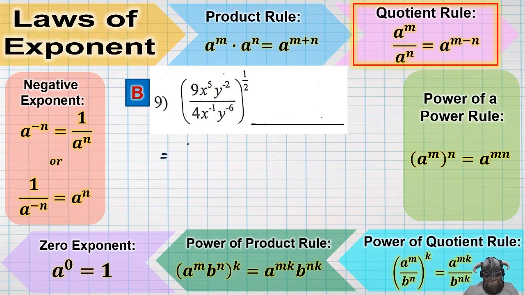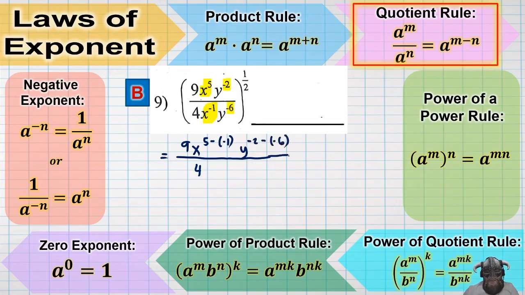So, first, we have 9 over 4. So, dito ko lagay yung 4. Kasi ang matitira na lang naman dyan sa ilalim ay 4. Because, gagawin natin dito, sa x raised to 5 and x raised to negative 1, we'll just need to subtract their exponent. So, x raised to 5 minus negative 1. Yan yung mangyayari dyan. And then, dugtong natin, kailangan pala mahaba. We have y raised to negative 2 minus negative 6. So, negative 2 minus negative 6.